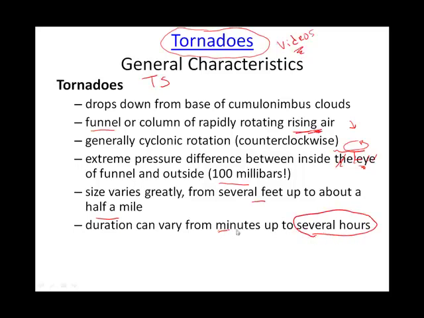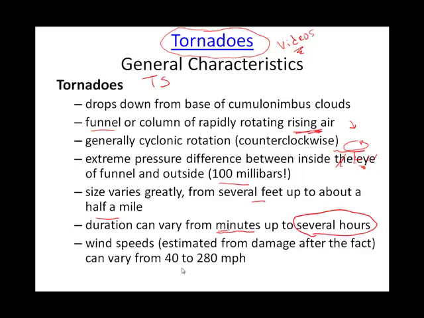And because they are so short-lived, it makes it hard to study them. So we're going to use what we call the enhanced Fujita scale to categorize tornadoes, and we are going to categorize them on their wind speed after the fact by doing a little bit of forensics after the tornadoes come through and estimating its wind speed.